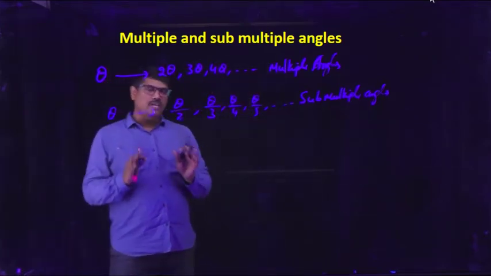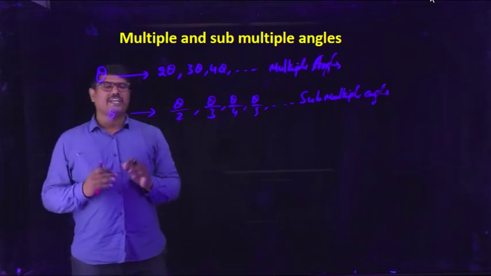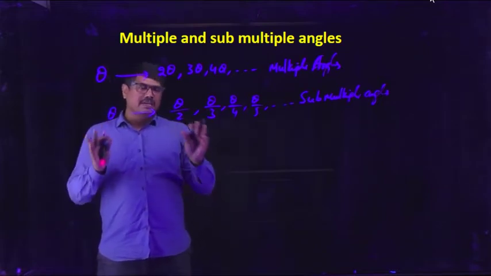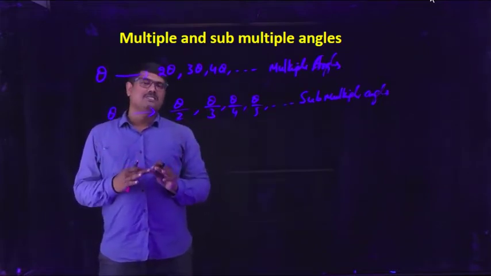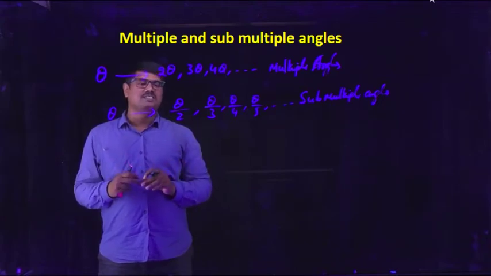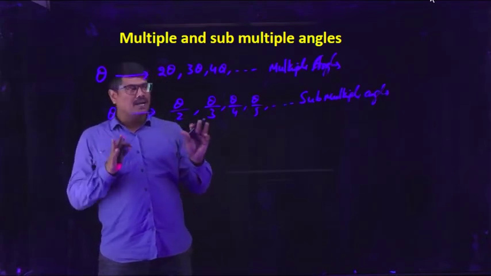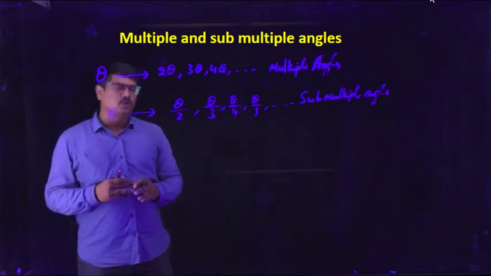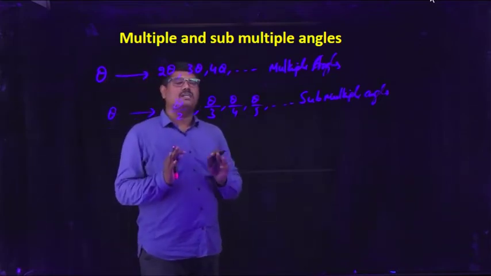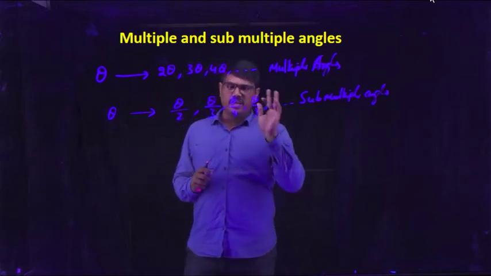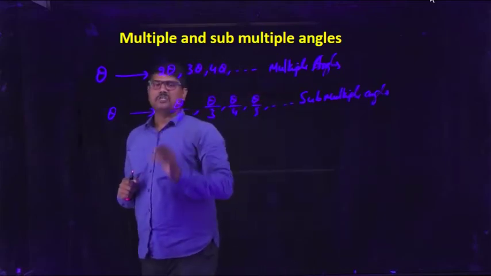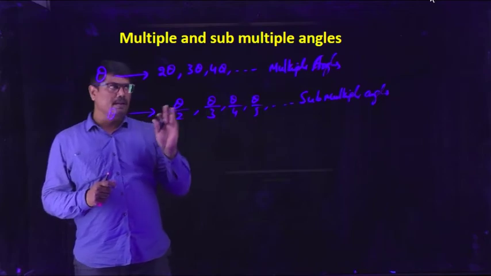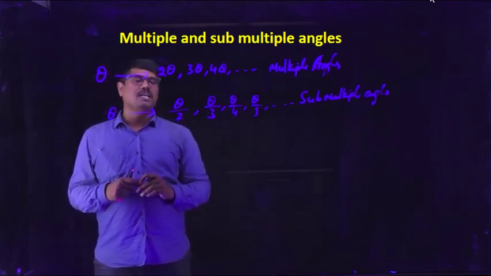This is a very important concept in trigonometry because it has so many concepts using multiple and submultiple angles. If you practice the formulas and concepts well, you will understand trigonometry very well.